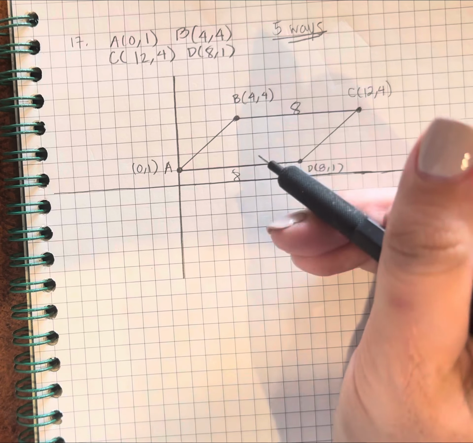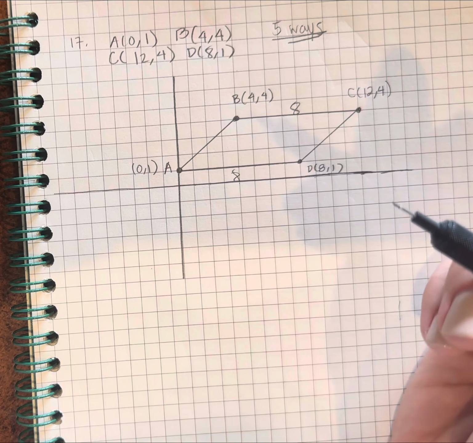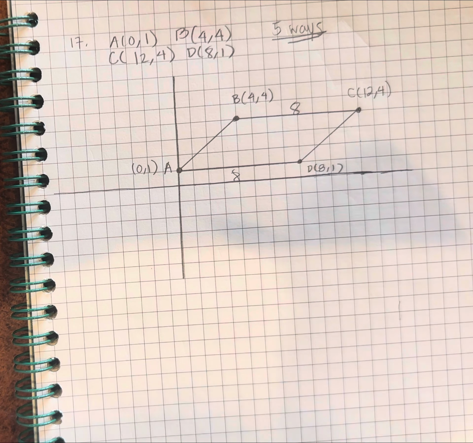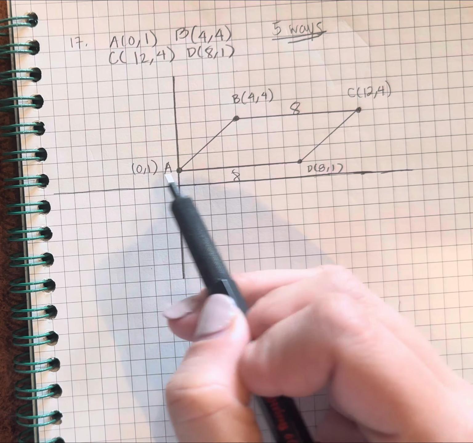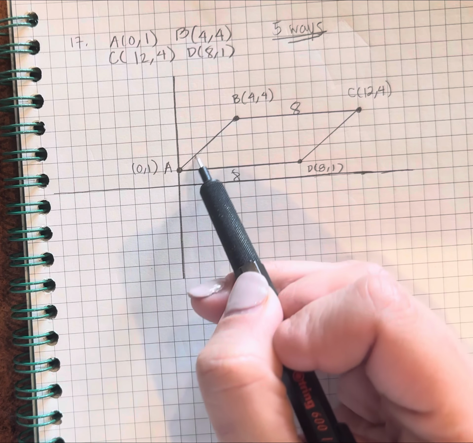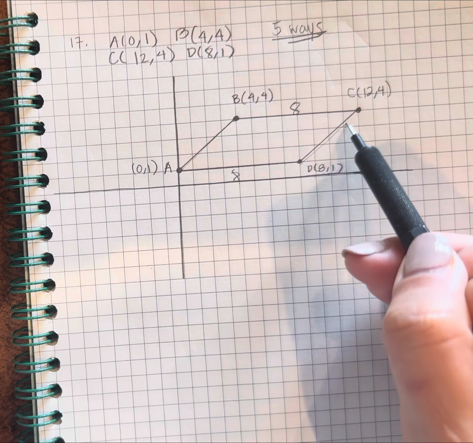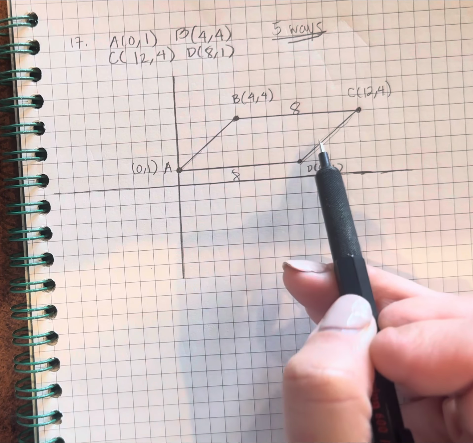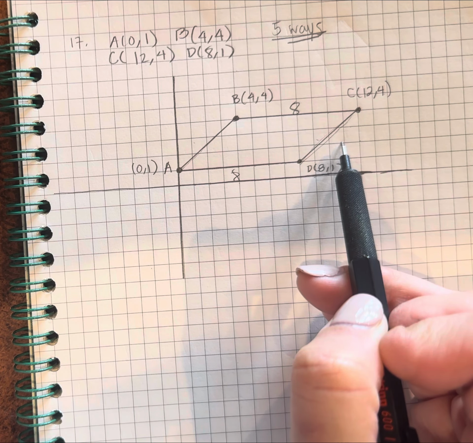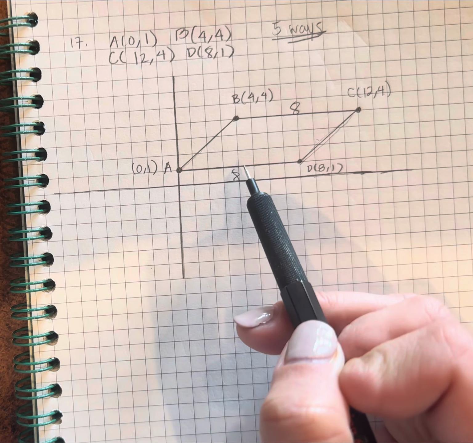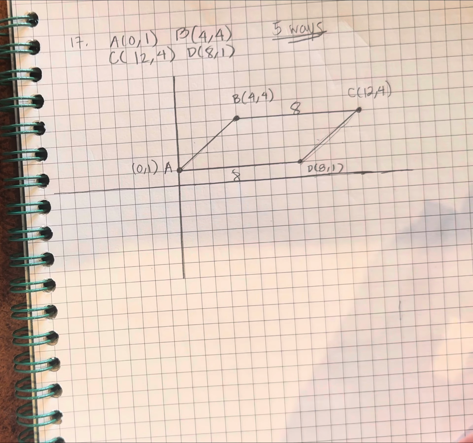I have proven one set of opposite sides congruent already. So now I only need one more thing. I can do the distance formula on the other two sides to prove they are congruent, and then I will have proven this by the converse of the opposite sides congruent theorem.